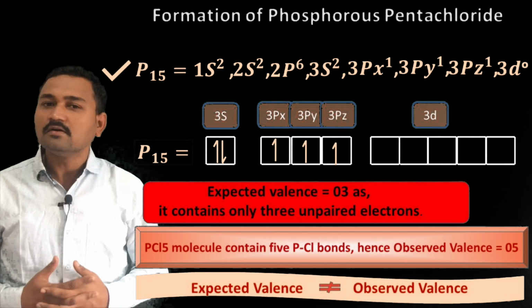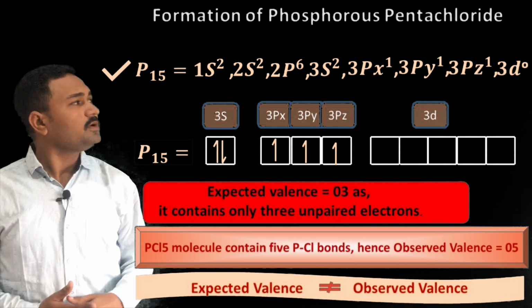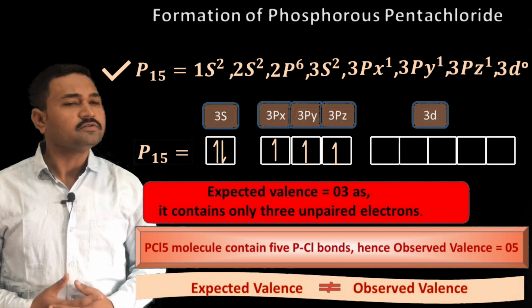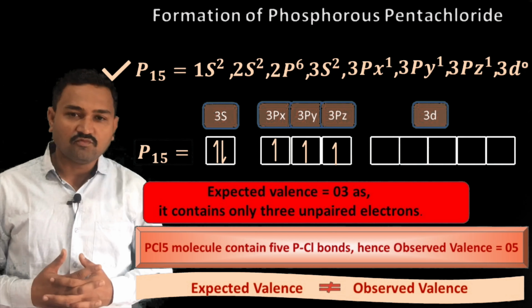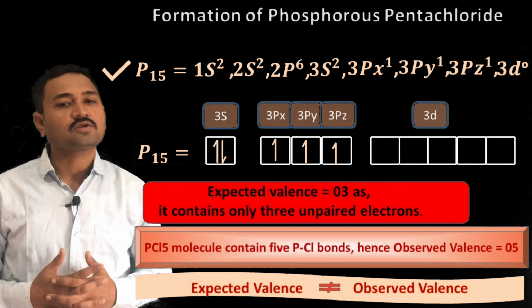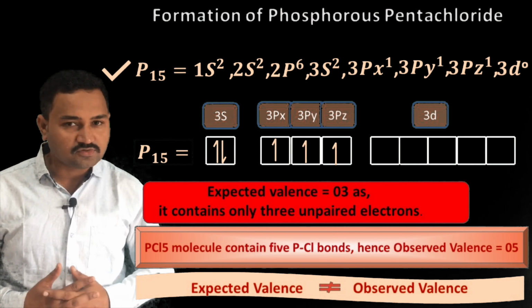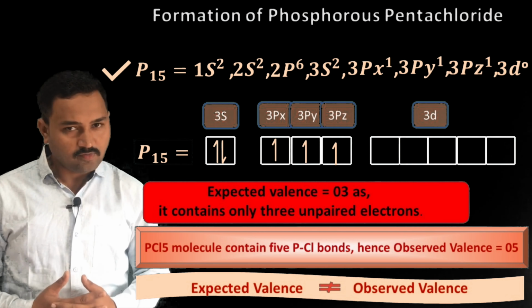After observing the ground state electronic configuration, the number of unpaired electrons in the phosphorus atom is 3. But we know that the phosphorus pentachloride molecule will form by 5 phosphorus-chlorine bonds. Hence, the expected valency is not equal to the observed valency, as the phosphorus forms 5 bonds.